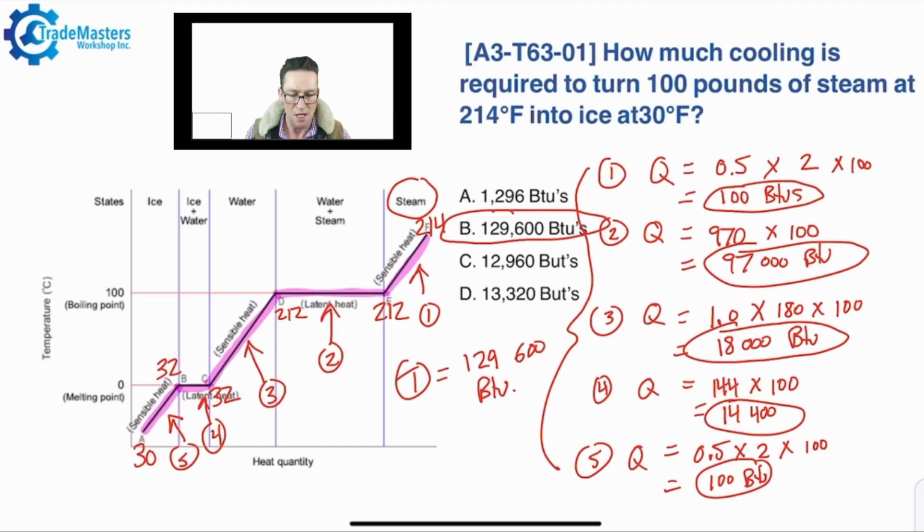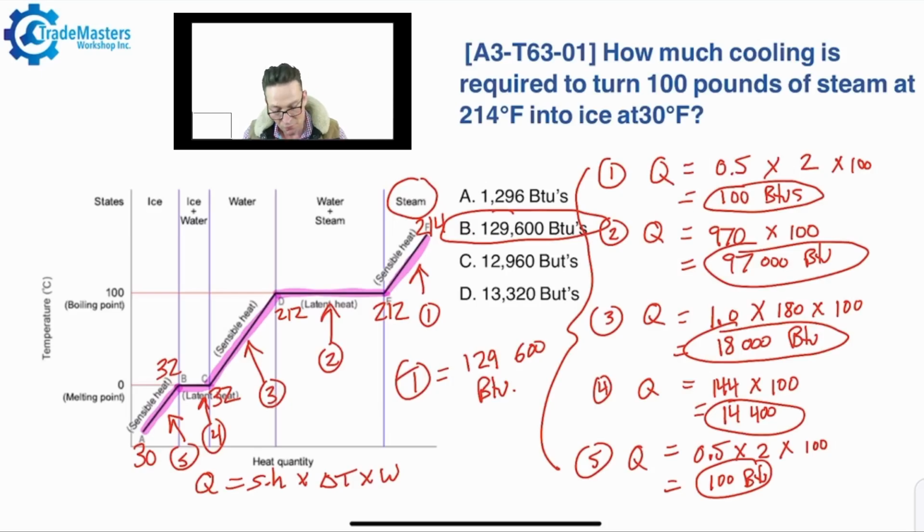The equations we were using: for sensible heat change, you have Q equals the specific heat of whether it's ice or steam, right? The specific heat, changing temperature. So we're going to multiply that by delta T, the change in temperature, times the weight. We use that formula for step 1, and we use that formula for step 3, and we use that formula for step 5.